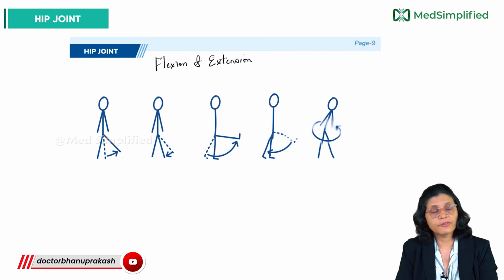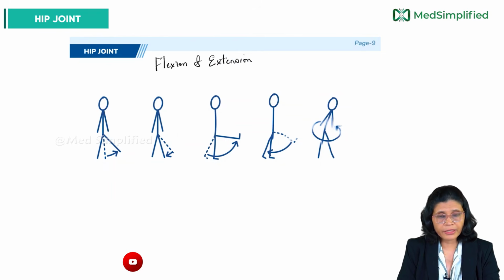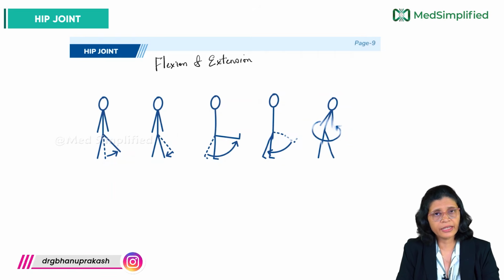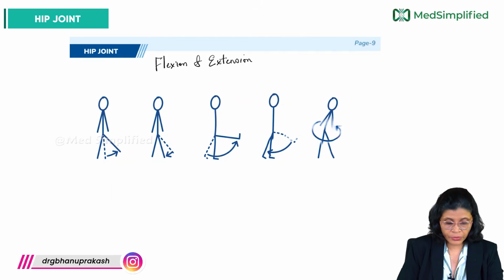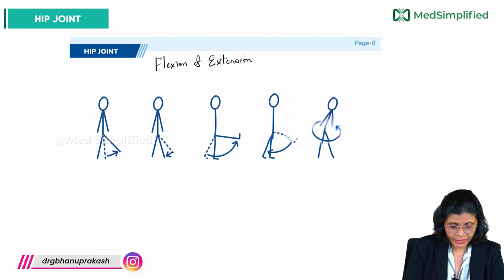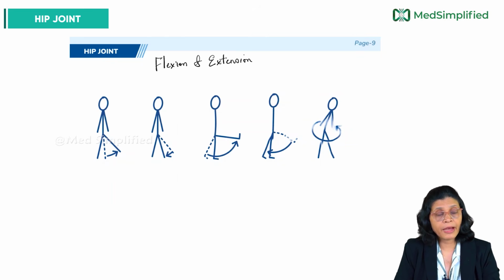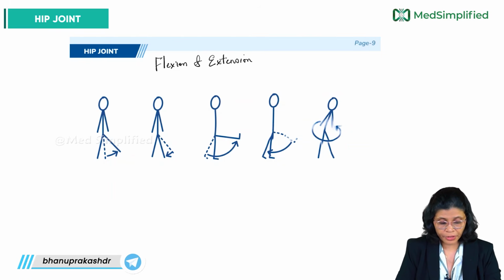Flexion is mainly brought about by the psoas and iliacus muscles, the chief flexors, assisted by the accessory muscles sartorius, rectus femoris and pectineus. Extension is mainly brought about by the gluteus maximus, the chief extensor of the hip joint.